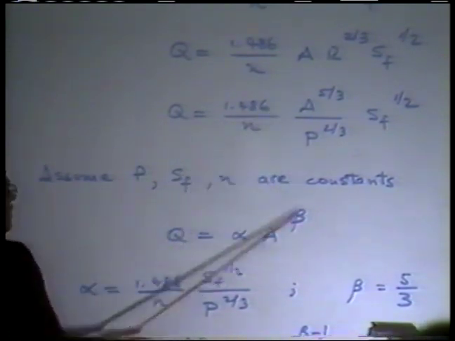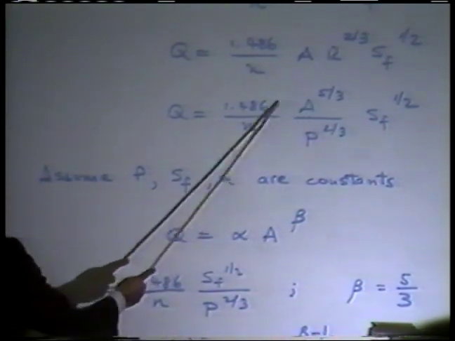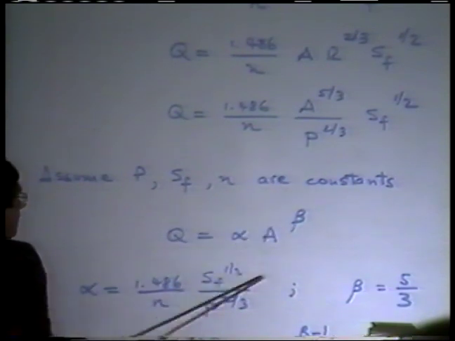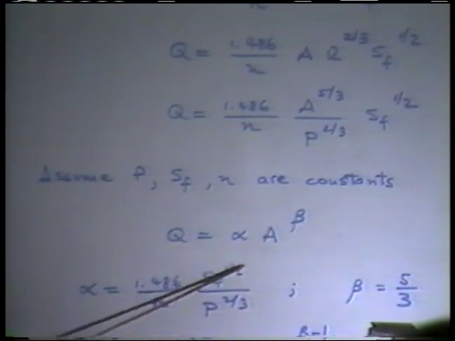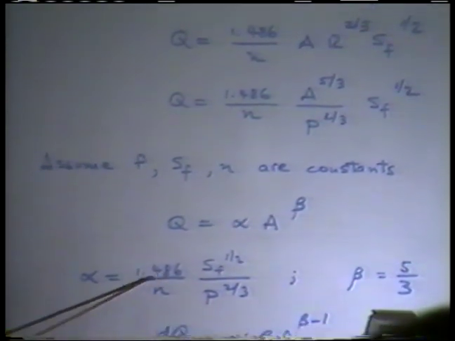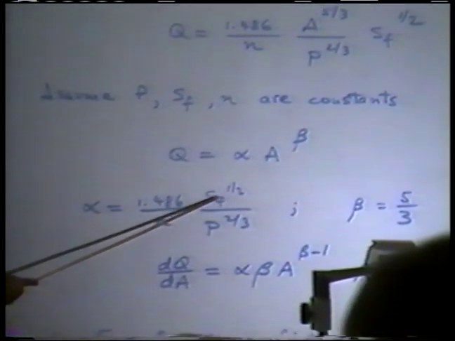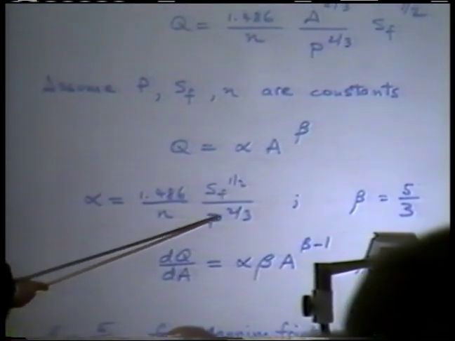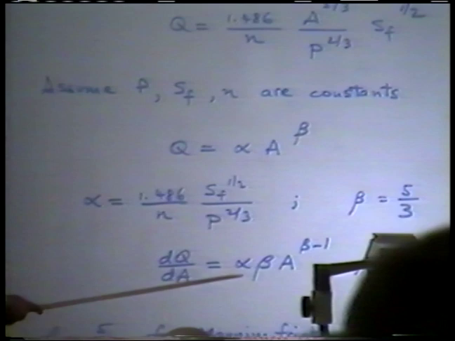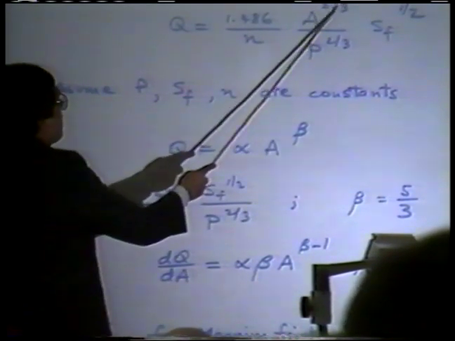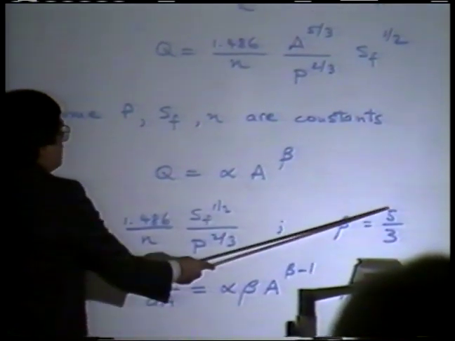Everything else other than A is constant, independent of A or Q for that matter, and then you get a rating that looks like this. Alpha is equal to 1.486 over n, S_f to the 1/2, wetted perimeter to the 2/3 power, and beta, now here beta is equal to 5/3.